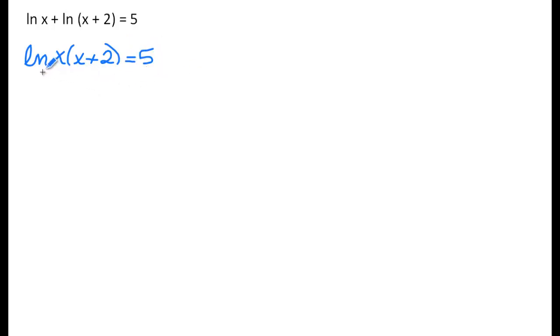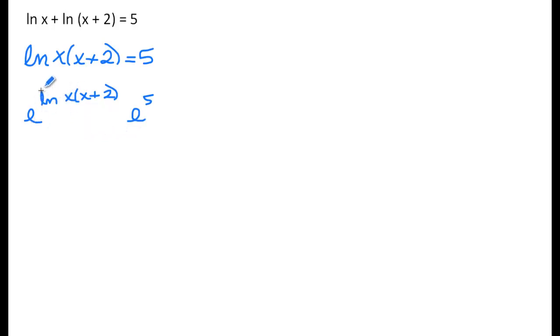Now that we have a natural log on the left, we can take e and raise it to the natural log, as long as we take e and raise it to the 5th power.